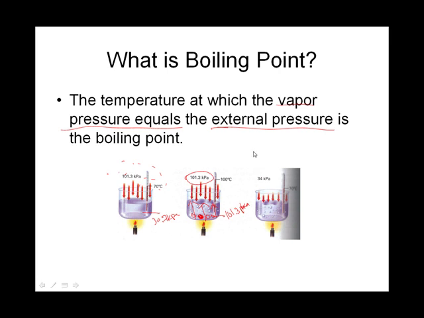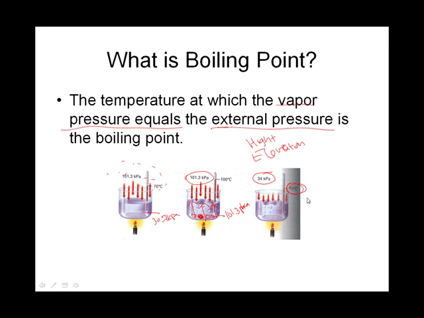But let's say that we are at high elevation, and the atmospheric pressure at high elevation is significantly lower than at sea level. And so over here, now even at a low temperature of, let's say, 70 degrees Celsius, water starts to boil.